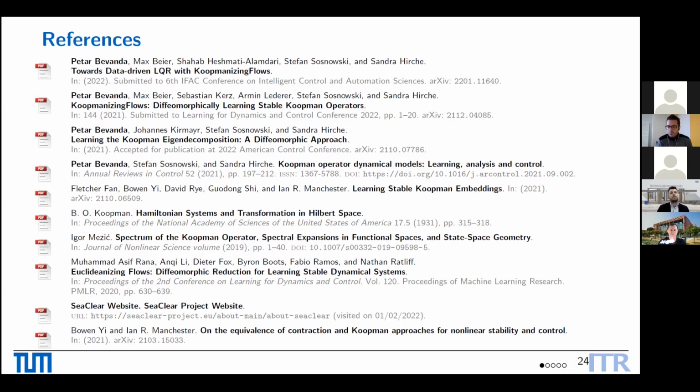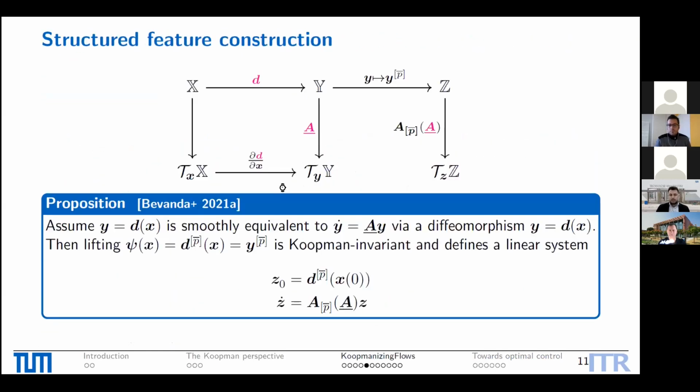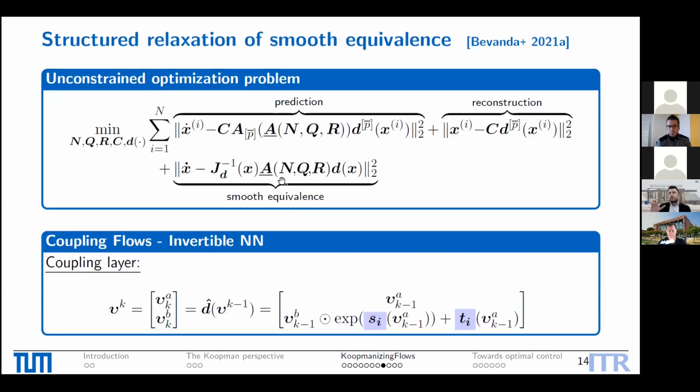Yes. So this means, for example, in our case, if we go back to this construction that we have, through a diffeomorphism, we ensure that these are LTI coordinates of some hyperbolic stable nonlinear system. The smooth equivalence just ensures that it's the right one, the one that explains the data.